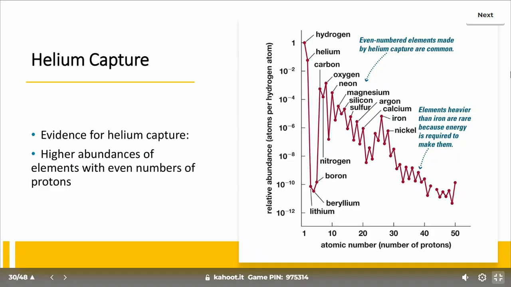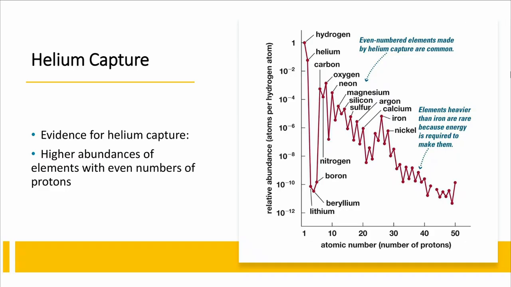When we look out into space, this graph shows the chemical abundances of the elements in the periodic table as seen out in space. There's tons of hydrogen and helium from the Big Bang. There's not a lot of these elements that are not a result of fusion reactions. And then we see there's a big spike for carbon, nitrogen, oxygen, because those are part of the CNO cycle. Then there's another dip. Then neon has another spike because of helium capture, and so does magnesium.